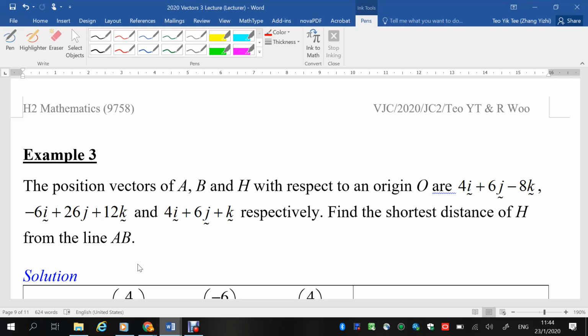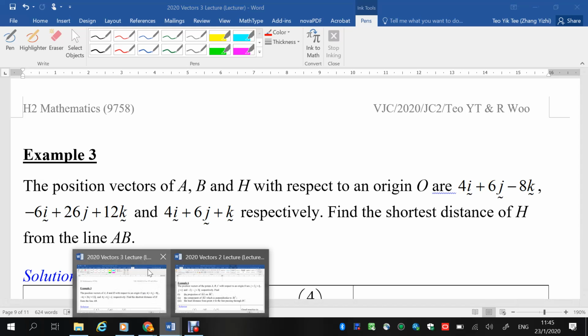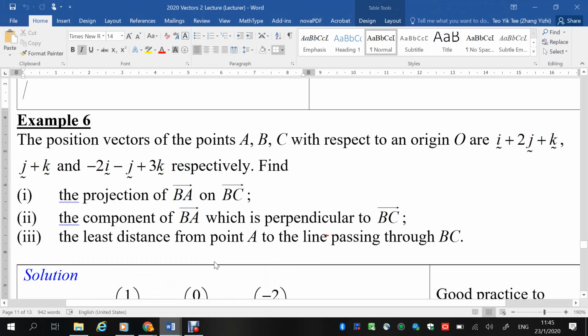Contrast back to your example 6 from chapter 2. This is my final objective, but before I hit my final objective, I teach you to do part 1 first, then part 2. Then after that, you try and use your available answers and do part 3. This question got guidance. The other question, no guidance.